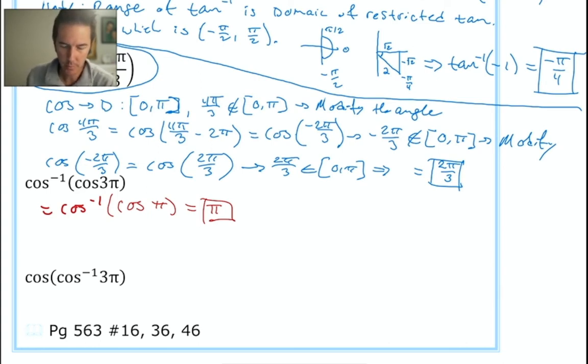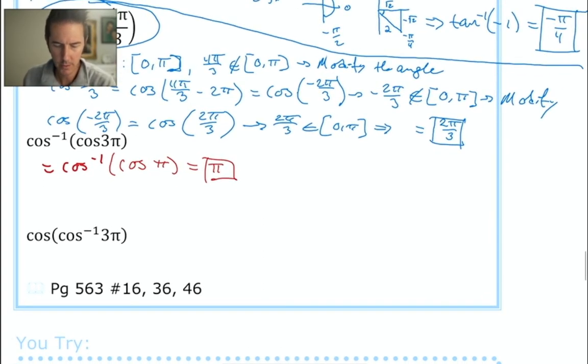In the next problem, the 3π is still there, except the inner and outer functions have swapped places. Let's make an actual note this time. Let me switch colors back so that we still have a difference between problems here.